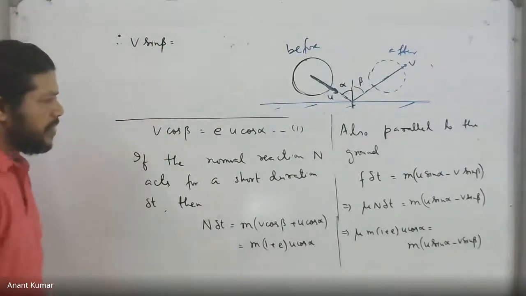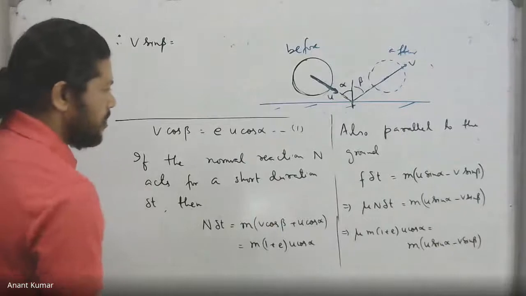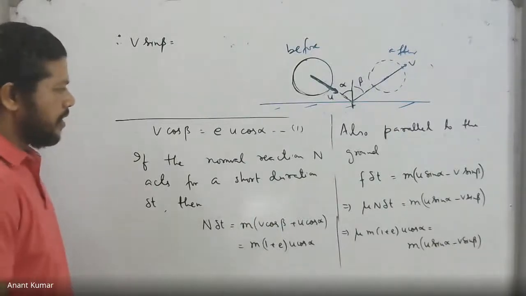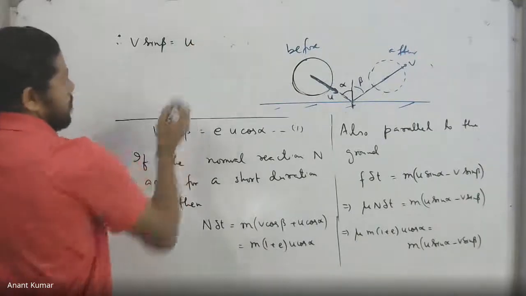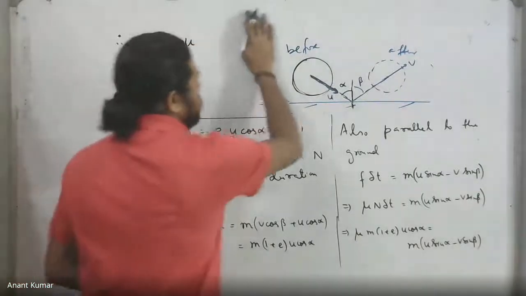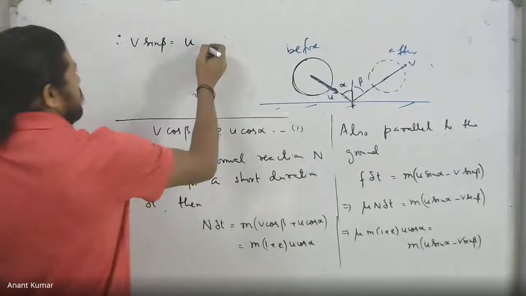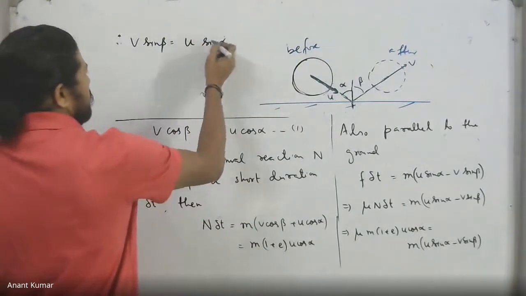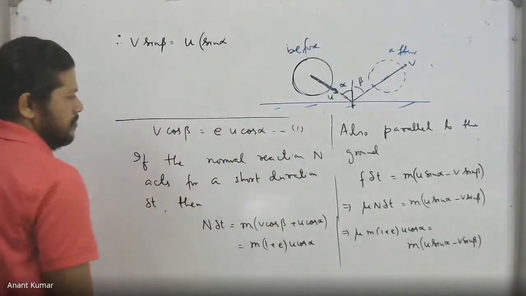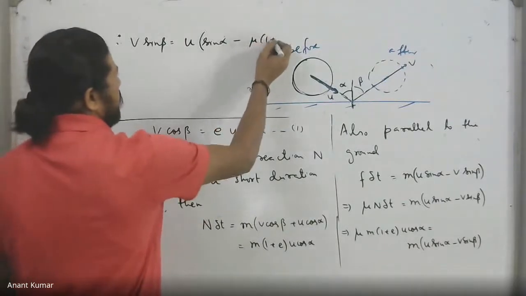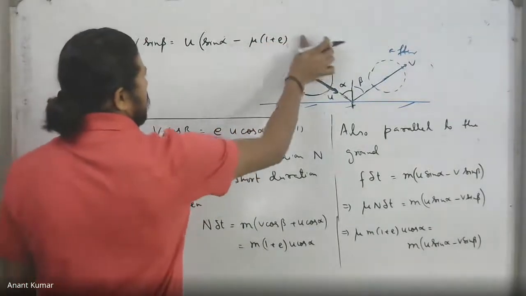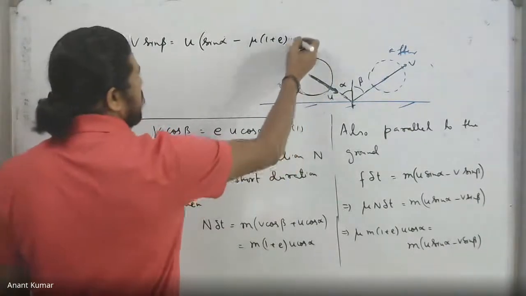So we get v sin beta from there. As m gets cancelled out, I get u into (sin alpha minus mu into (1 plus e) into cos alpha).